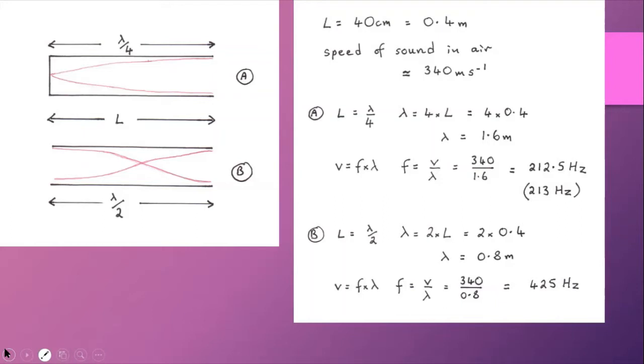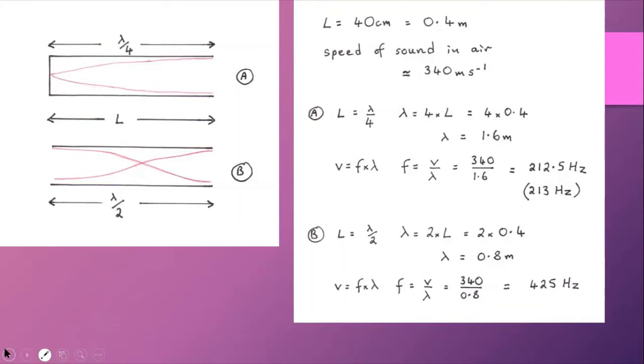And of course, this is for the fundamental frequency, the fundamental wavelength. Following on, using the wave equation and rearranging it, f equals v over lambda. So the frequency in this case will be 340 divided by 1.6, which is about 213 hertz.